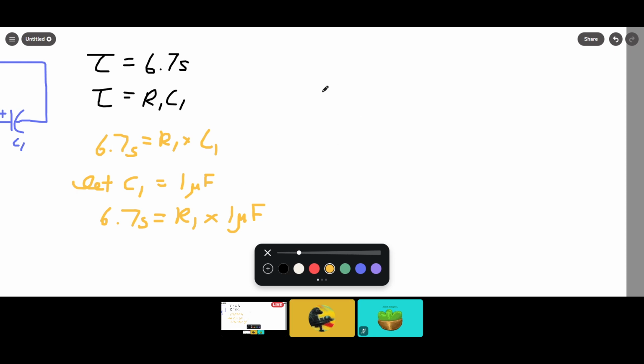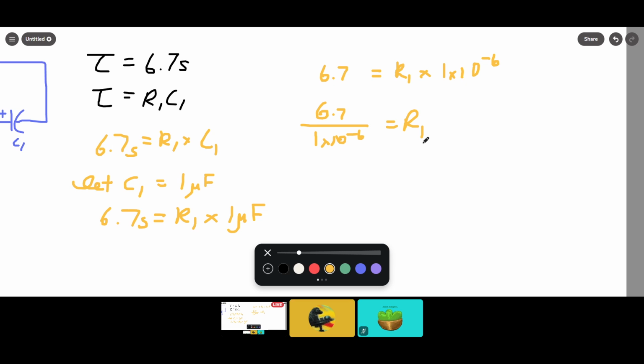Anyway, normal calculation, we just convert the micro prefix into times 10 to the power negative 6. Then we bring it over here by dividing. And then we'll get R1 already. Damn simple.